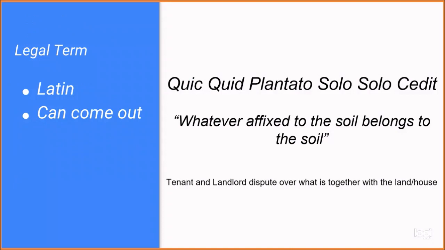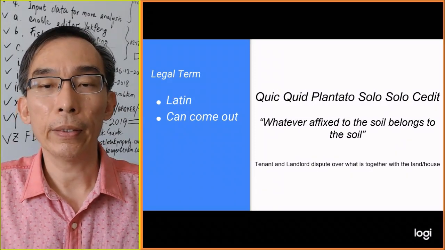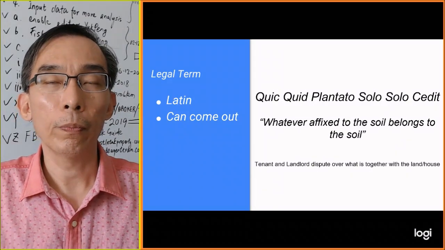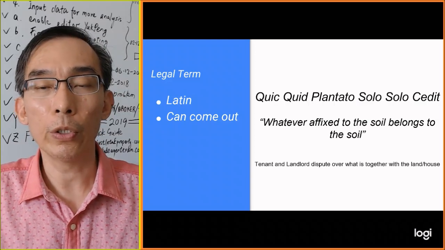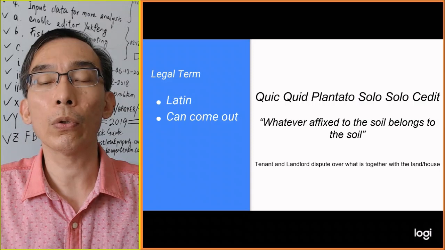So this is another thing where some questions can come out similar to this, which is quite Latin. I think some of the old past year questions usually come out with this type of thing. So quid pro quo, solo cadit.